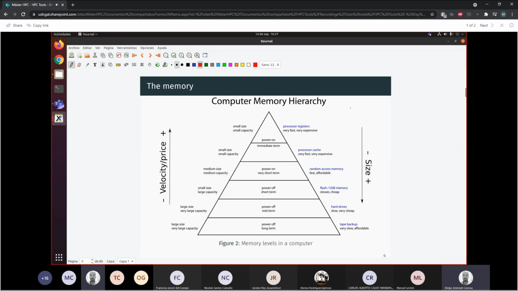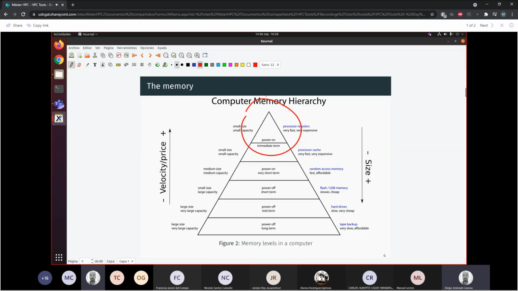And the idea is that at the peak of the pyramid, we are going to have very small memories, very expensive, and by expensive I mean that the cost per byte of information is very high with respect to other types of memory, and very fast. Actually, at the peak of this hierarchy, the speed of the memory device matches the speed of the processor.